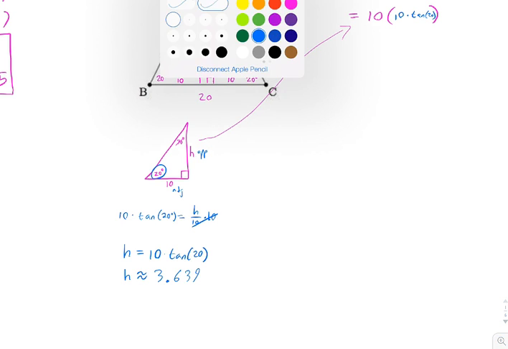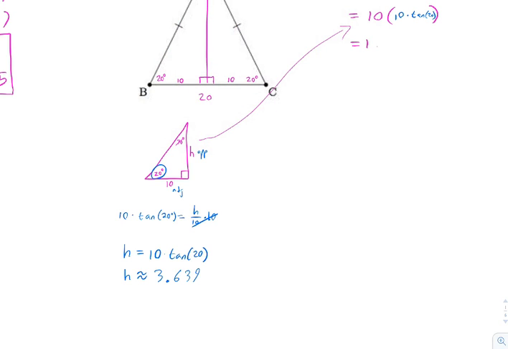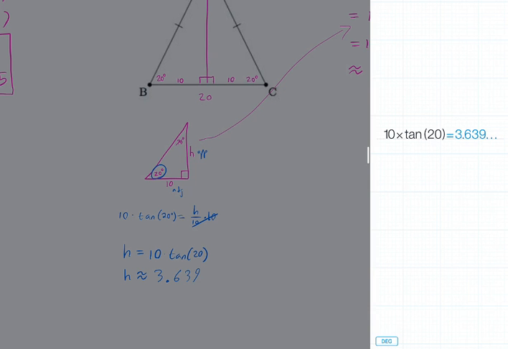So this ends up coming out to be 10 times 10 is 100 times the tangent of 20 degrees. That's the exact value, which I'll always accept, or that's approximately, and over here, I'm going to say this is, I'm just going to add a 0 in there. Oh, it wouldn't let me. Okay, so let's just write it out: 100 times tan of 20.